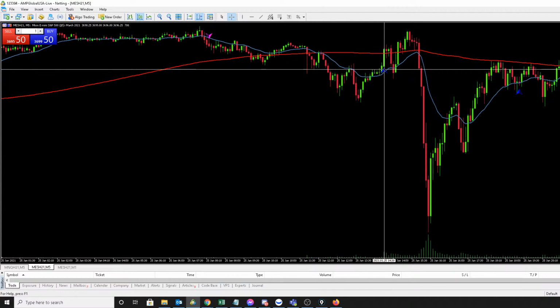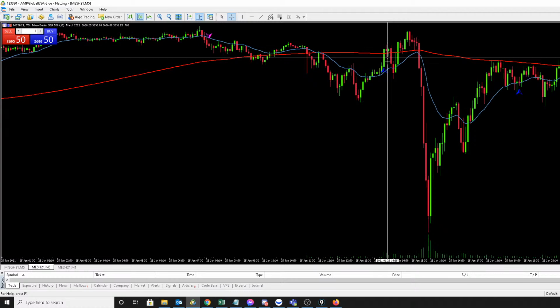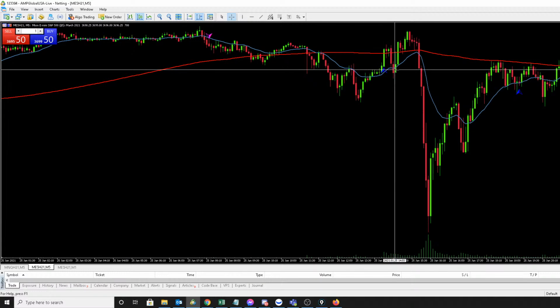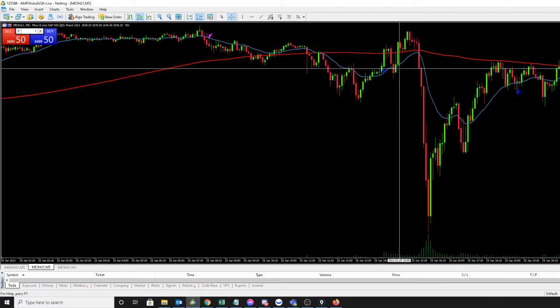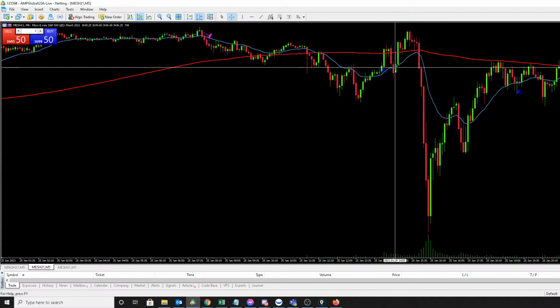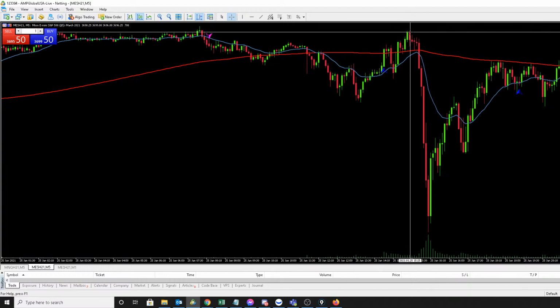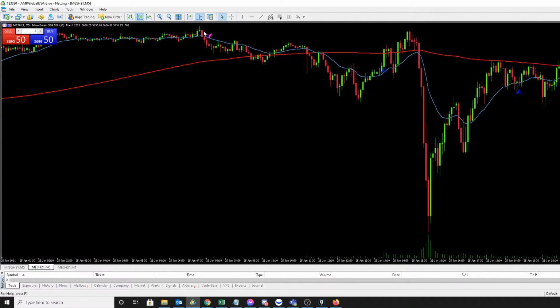Then our market opens up and we're given a bullish signal. I definitely traded this. I entered right around here. We had this pullback, and a nice test of pre-market highs.